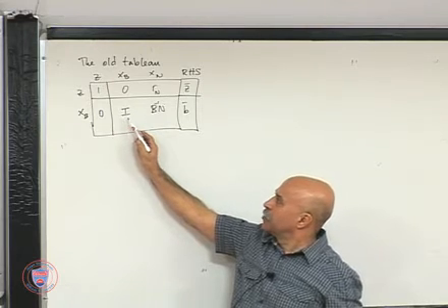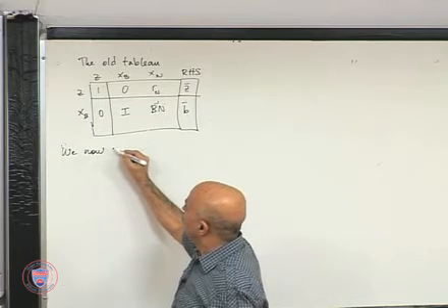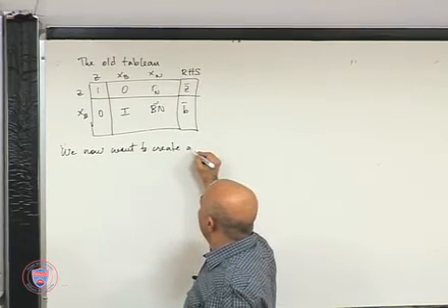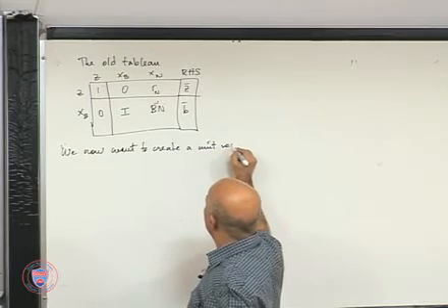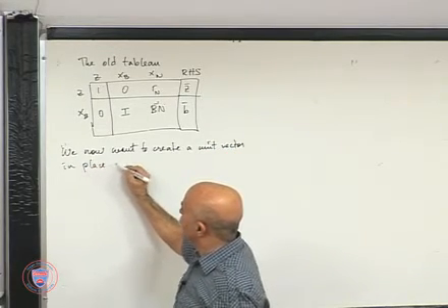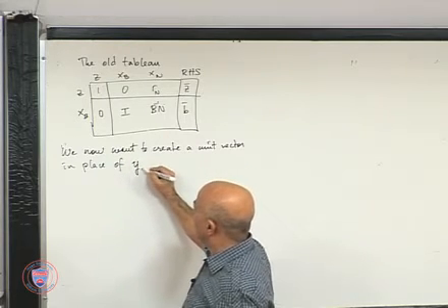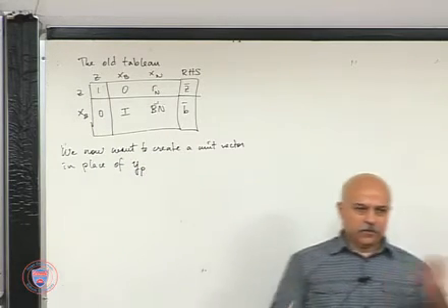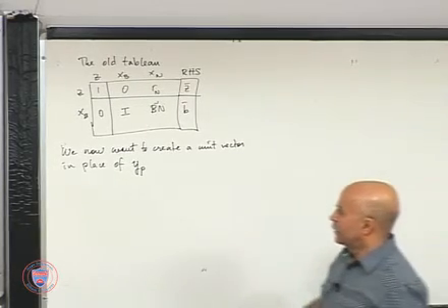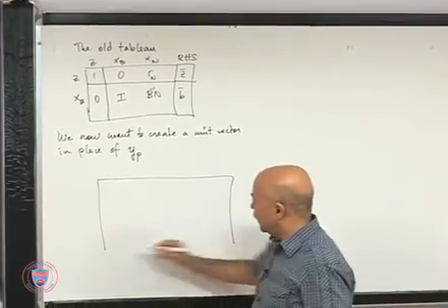Okay? So we now want to create a unit vector in place of the column that entered, which is AP, but its image relative to B is YP. So when you look at the system, this is what you've got.